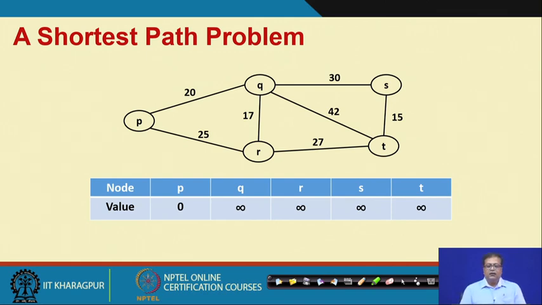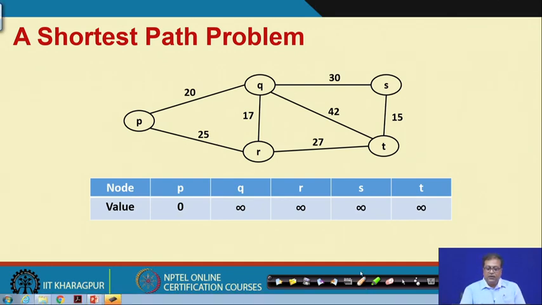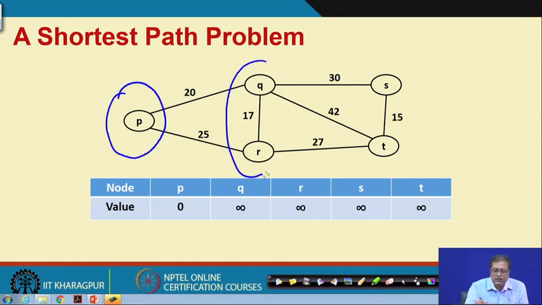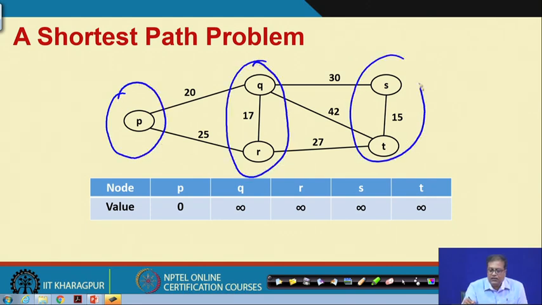So, this is a shortest path problem. If you look at the kind of shortest path problem that we have taken earlier, with clusters of cities, in the conventional manner this is one cluster of cities, this is another cluster, and this is another cluster.